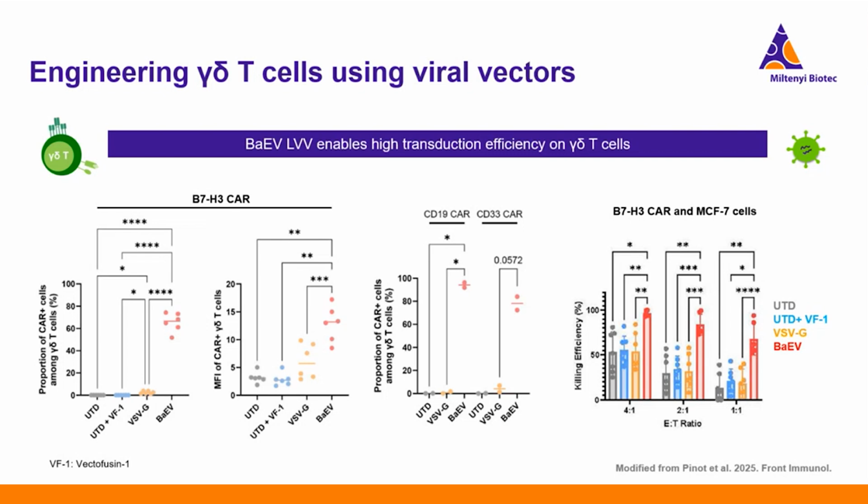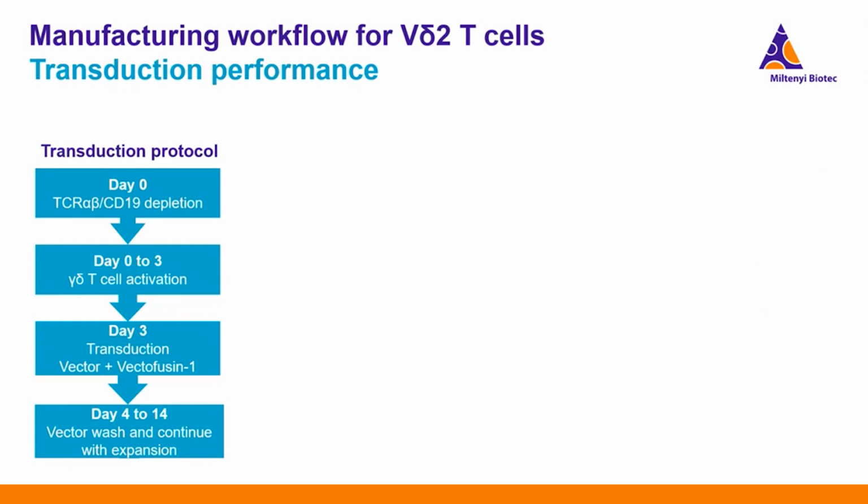So this protocol was established for a small scale manual process, and now we have transferred this protocol into our CliniMACS Prodigy platform. And this is how it goes to transduce gamma delta T cells. So again, we deplete alpha betas and CD19 positive cells from our leukapheresis sample.